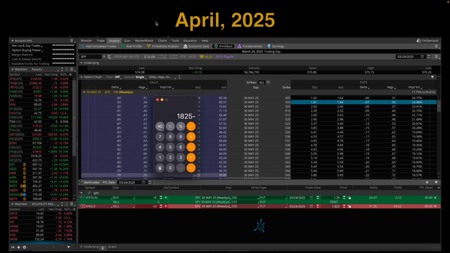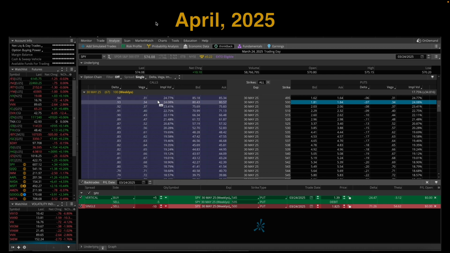And we're going to subtract the $695 from that value, and this trade would bring in a net credit of $1,130. And the max profit of this trade is going to be $6,130, and I get that by taking the credit of $1,130 plus the max profit for the 5 put debit spreads, which would be $5,000.